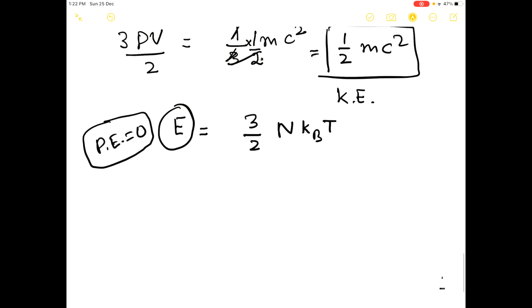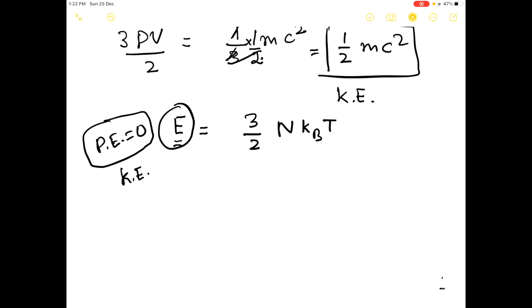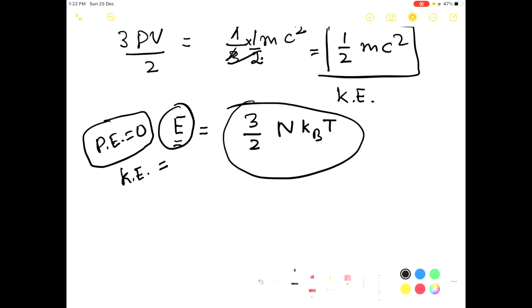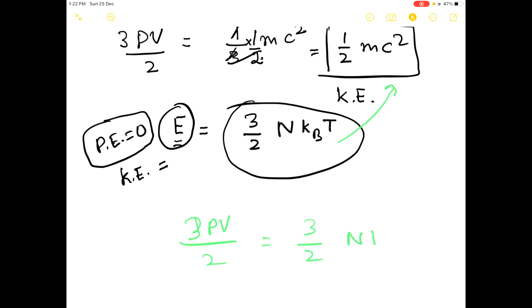Hence, in an ideal gas potential energy is 0, and the whole internal energy is only due to kinetic energy, which is equal to 3 by 2 nkBT, which we have studied. So 3PV by 2 is equal to 3 by 2 nkBT.